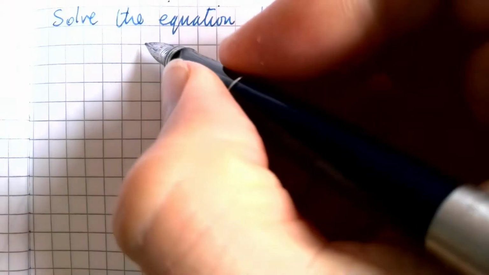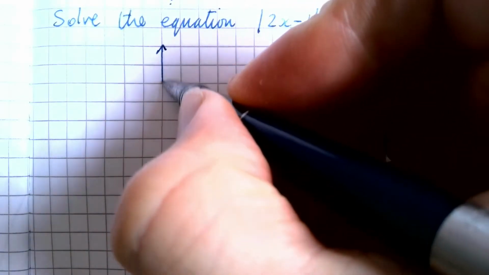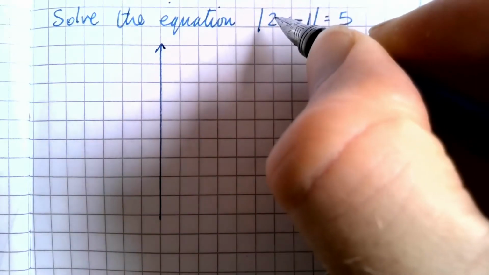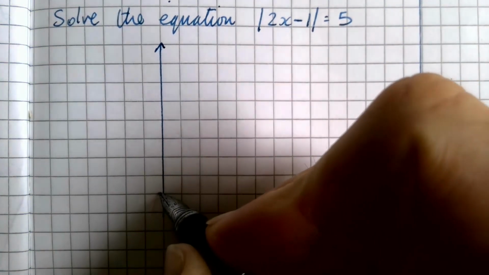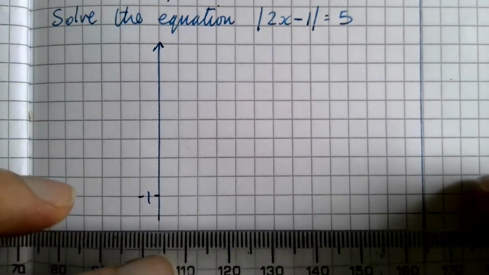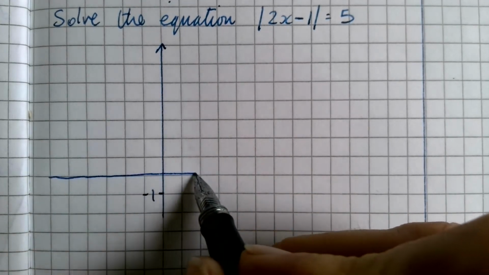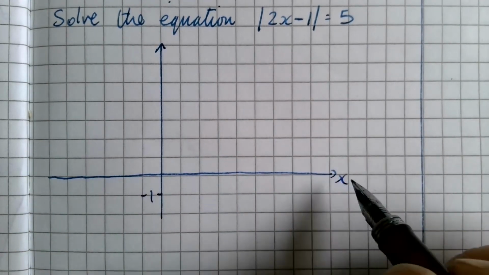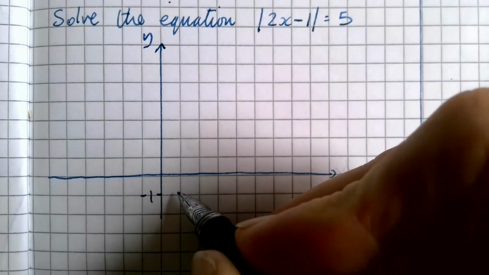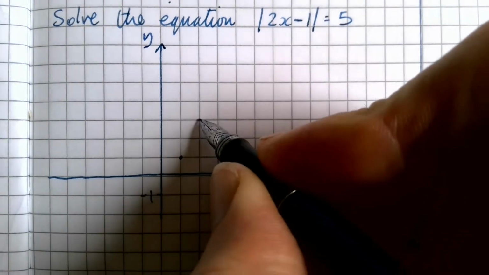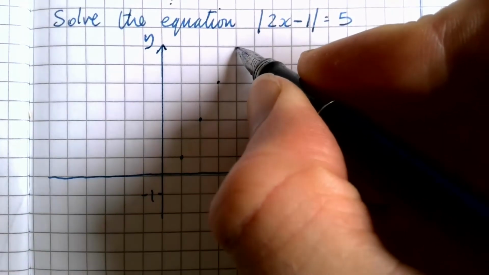So if I'm going to sketch the graph of y equals 2x minus 1, the minus 1 means I'll be going across there, and I've got a gradient of 2, haven't I?